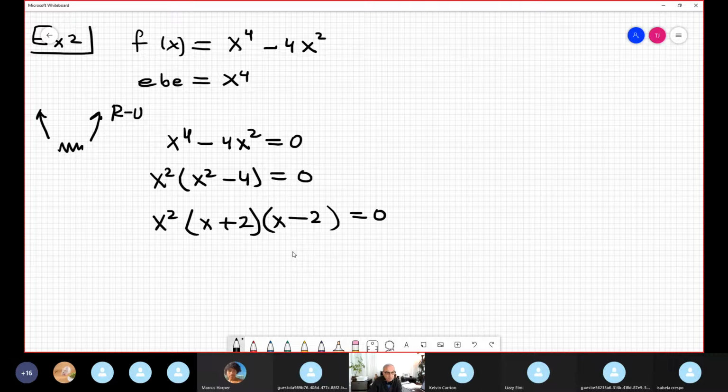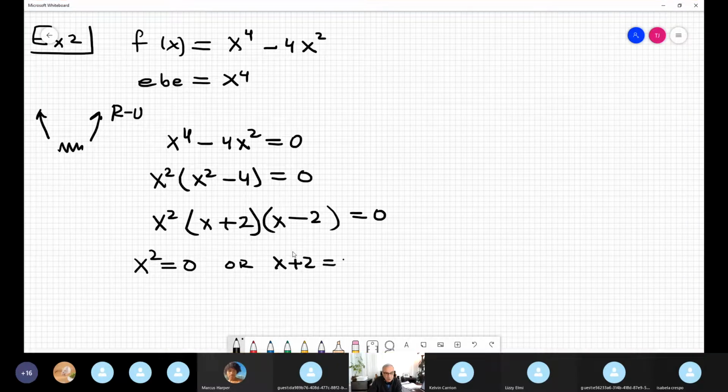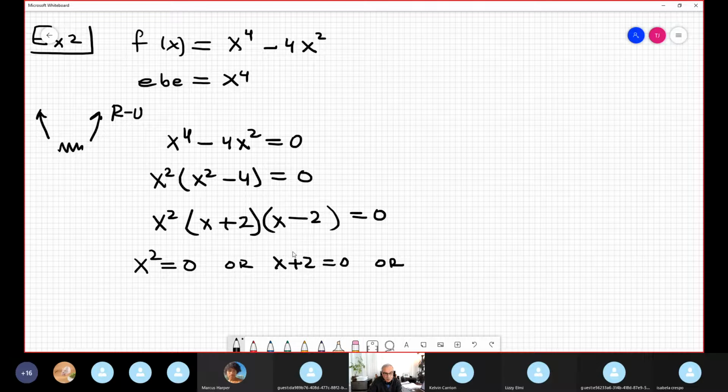I separate each factor equal to 0: x squared equals 0, or x plus 2 equals 0, or x minus 2 equals 0. So x is 0. It doesn't matter that the exponent is 2, because when you take the square root of both sides, the square root of 0 is 0.